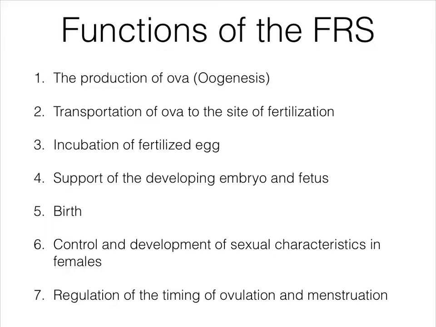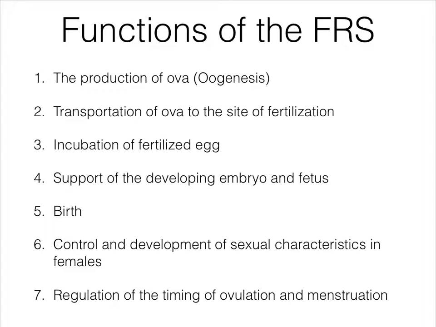Basically, when the egg is fertilized and in its embryo stage, this is the stage before it begins to develop complex organ and tissue structures, the fertilized egg is pretty much directly supported by the female reproductive system and the uterus. During the later stages of development, the egg has developed into a fetus, and the fetus is surrounded by a placenta.